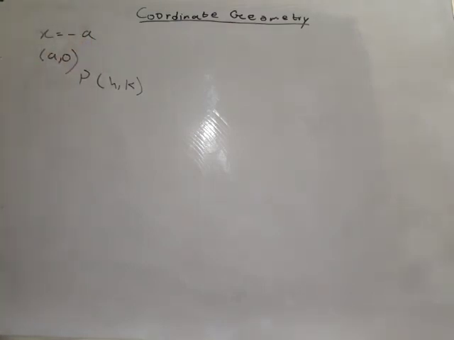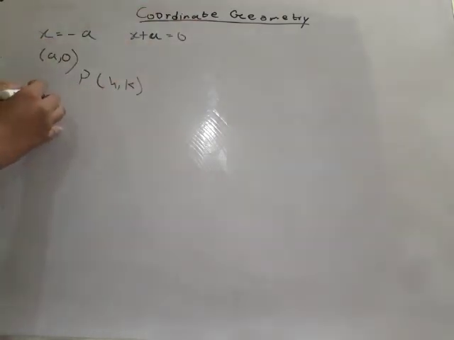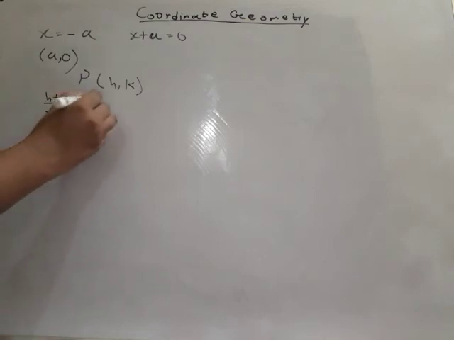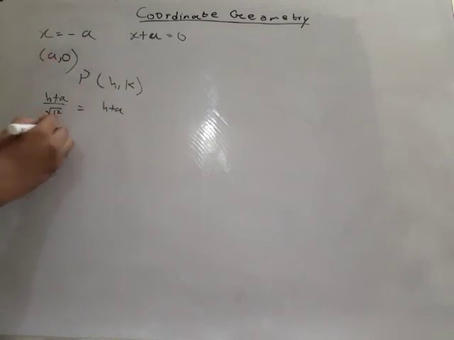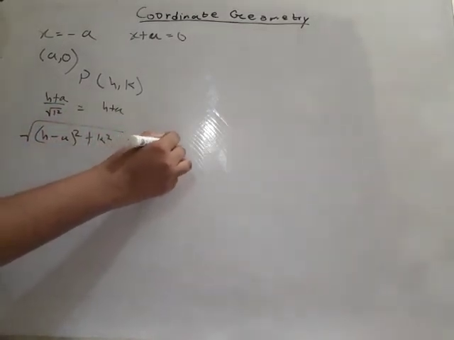We will learn in a later chapter on straight lines that the distance will be given by, suppose this is x plus a equals 0, h plus a by root of 1 square, so it's h plus a. And the distance from this point we can easily find: root under h minus a whole square plus k square. This is equal to h plus a.